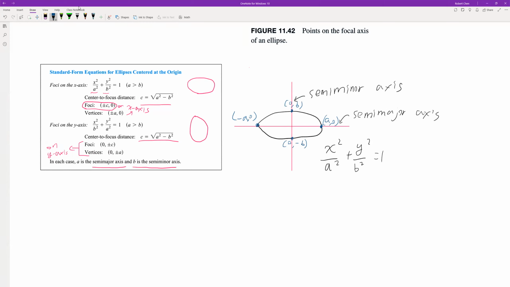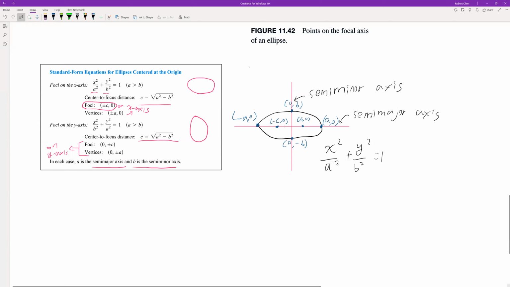So the denominators of x squared and y squared tell you where the vertices are. And we also have the foci, which can be found by taking the square root of a squared minus b squared. So maybe let's say around here: (c,0) and (negative c,0). And it's similar for vertical.